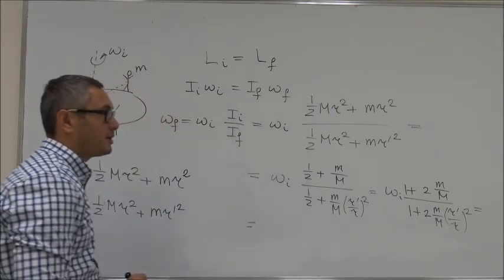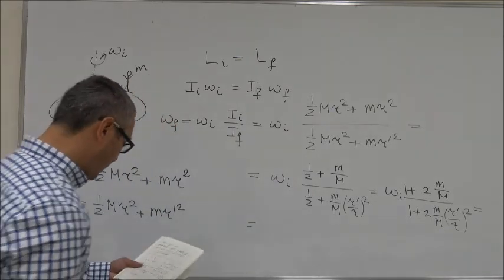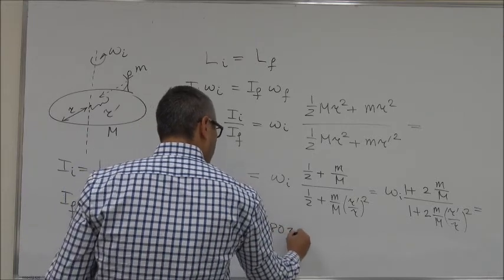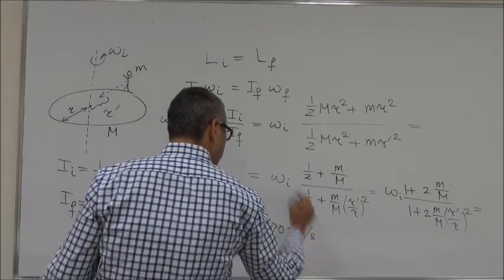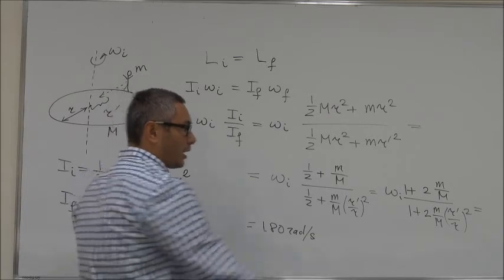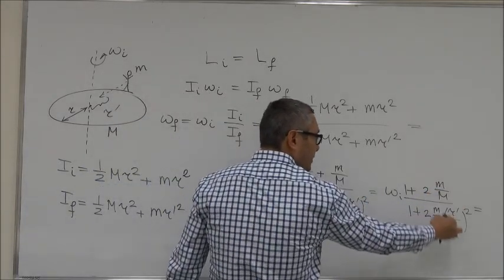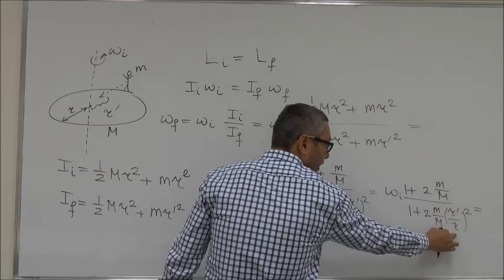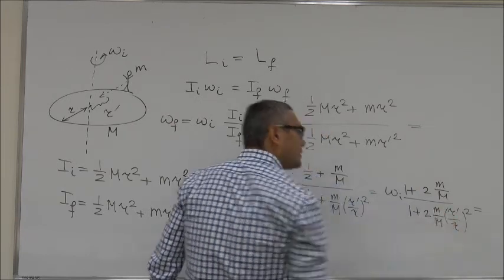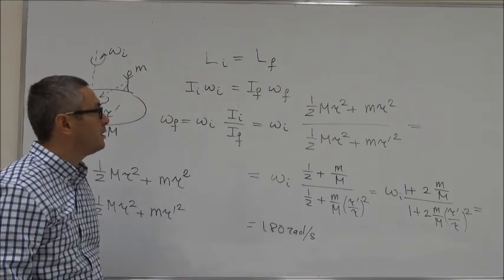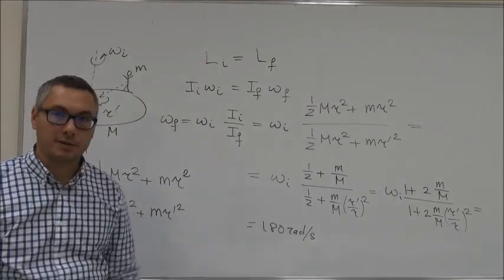So when you put the numbers in, the value that you get is 1.80 radians per second. You are given the initial velocity, mass of the person, mass of the disk, radius of the disk, and the final distance of the person from the axis. So all the information is given, you just calculate for omega final to be 1.8 radians per second.